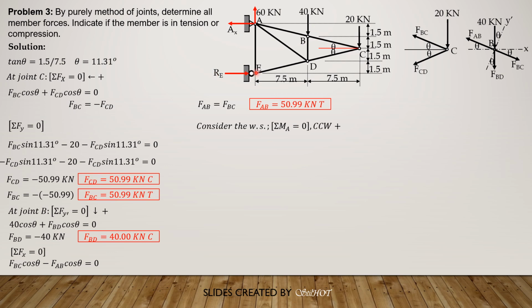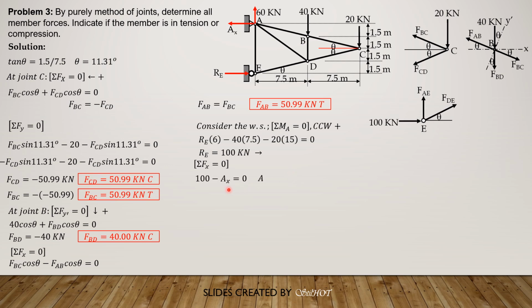So RE times 6, then minus 40 times 7.5 minus 20 times 15 equals 0. So solving for R sub E is equal to 100 kilonewtons rightward. So summation forces X, AX is also equal to 100 kilonewtons but leftward.